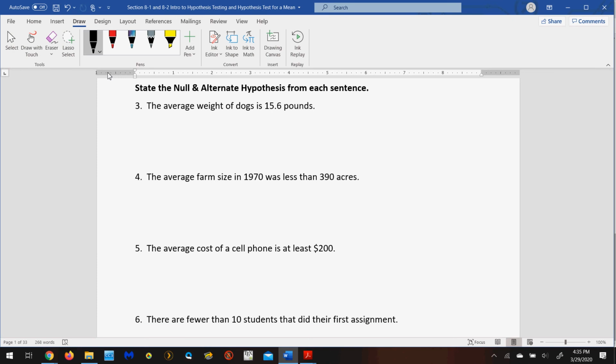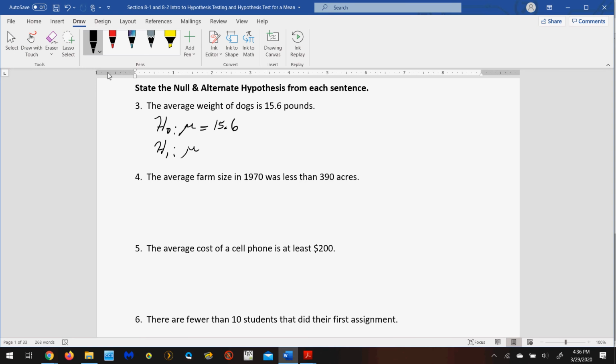So the average weight of dogs is 15.6 pounds. I will have H sub 0 and H sub 1. It's talking about the average weight, which is going to be mu. Is means equals, so that means it goes here for H sub 0, so equals 15.6.